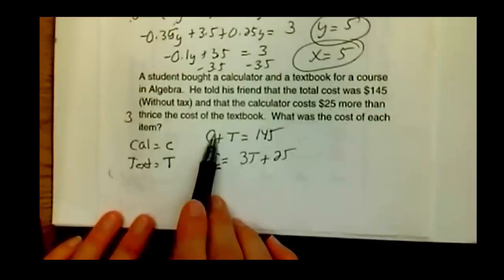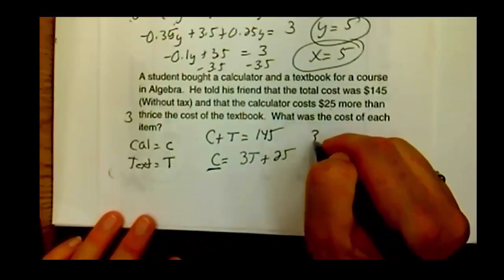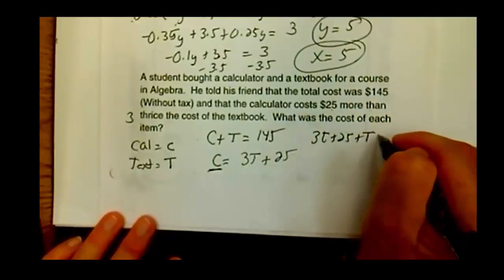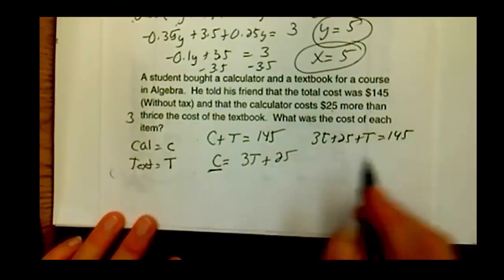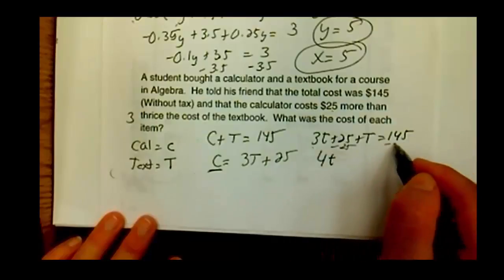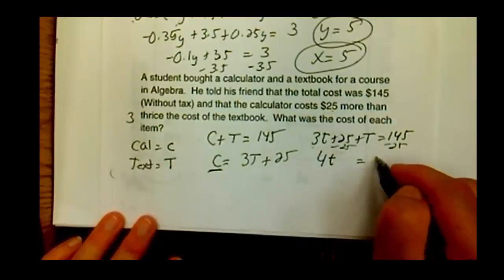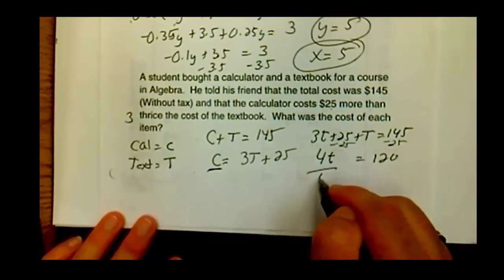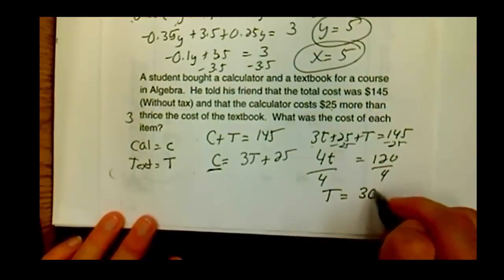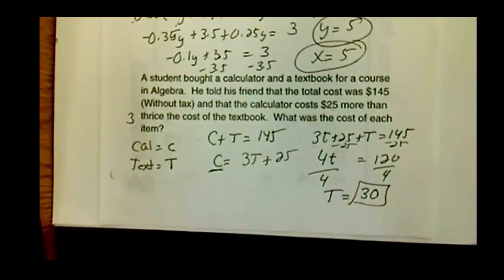And so then we've already got one solved for C. So I can just plug that back in and solve for T. So 3T plus 25 plus T equals 145. So 4T plus 25 is going to equal 145, so 4T equals 120. Divide by 4. I find out the textbook costs $30.